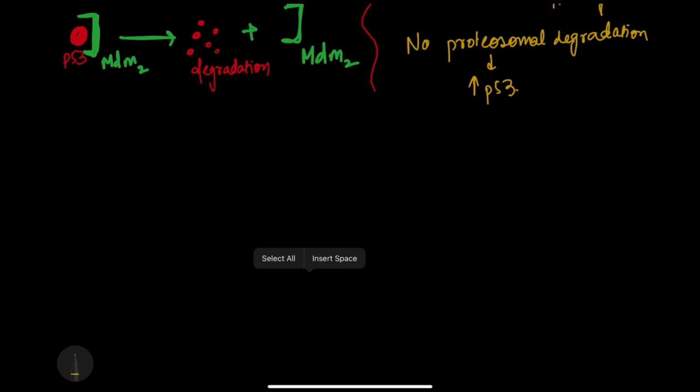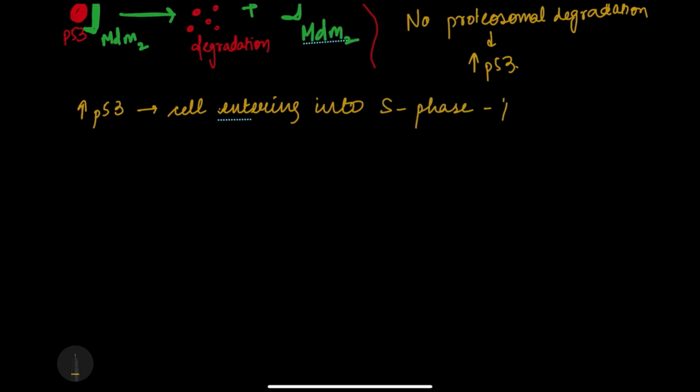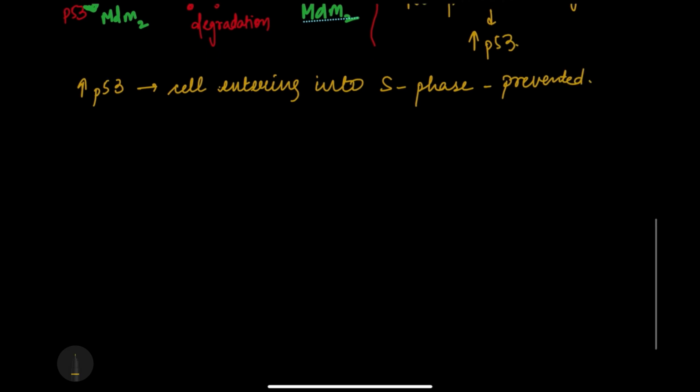So it might be clear till here that the level of p53 increases. When the level of p53 increases, it leads to cell arrest, which prevents the cell from entering the S phase. So increased level of p53 means that it has been activated.